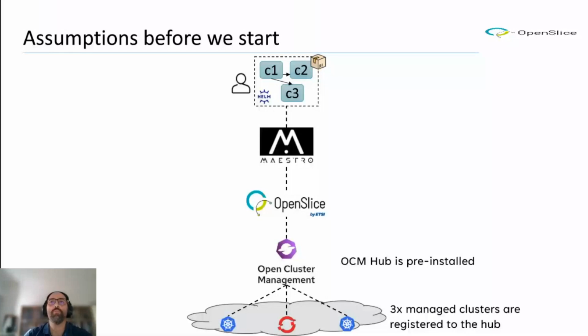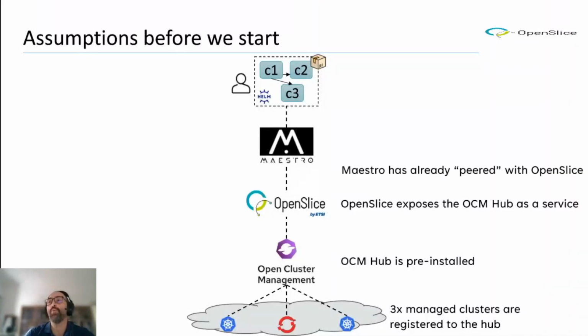One of the assumptions that we make is that the OCM hub is pre-installed and has 3 managed clusters underneath which are registered to the hub, 2 Kubernetes and 1 OpenShift. OpenSlice exposes the OCM hub as a service. There's an available service specification that one can order for the specific hub. Maestro has already paired with OpenSlice.